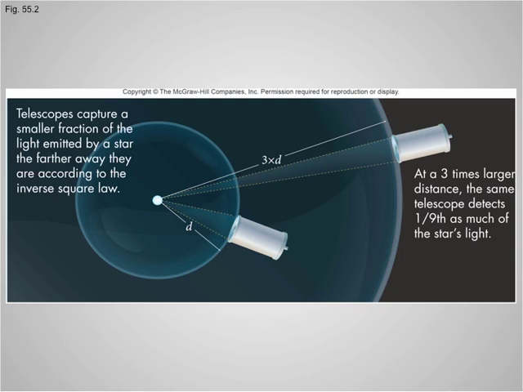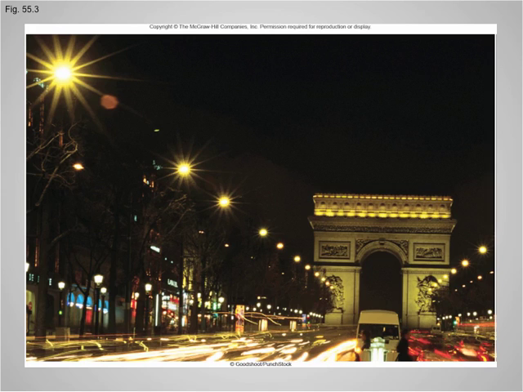So as light spreads out, the distance squared is how much the light gets reduced by. We call this an example of an inverse square law. Light obeys this law, as does gravity and other laws of nature.